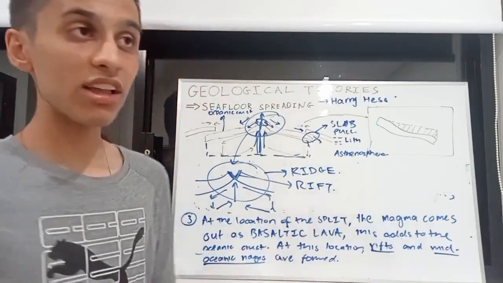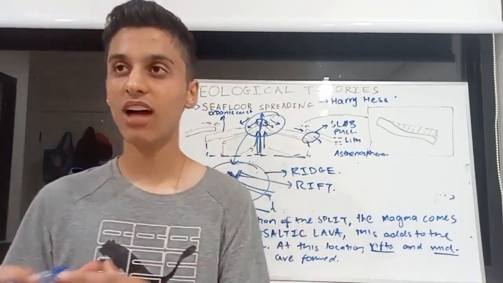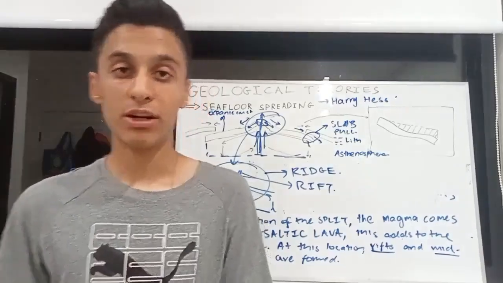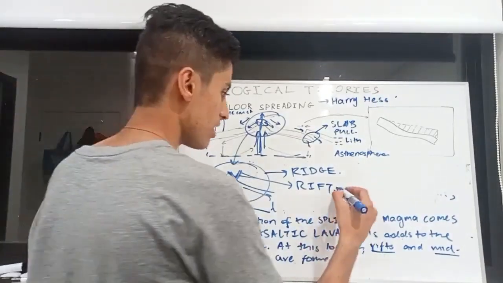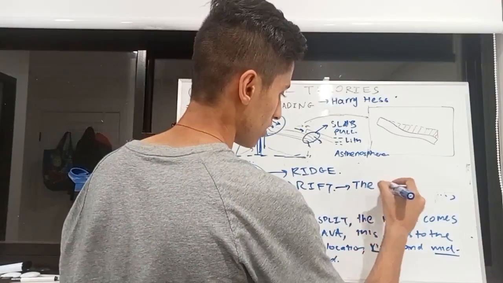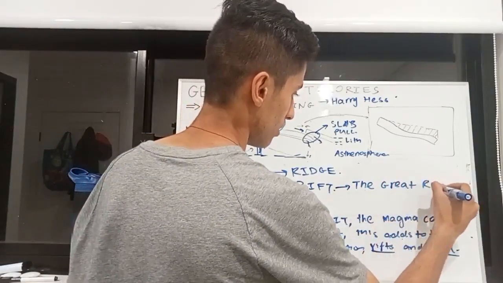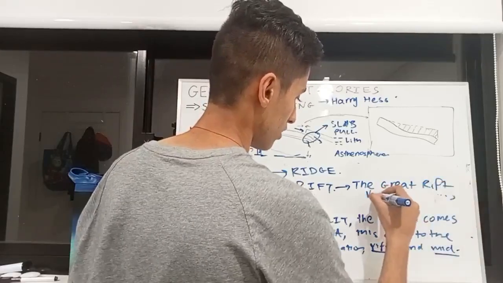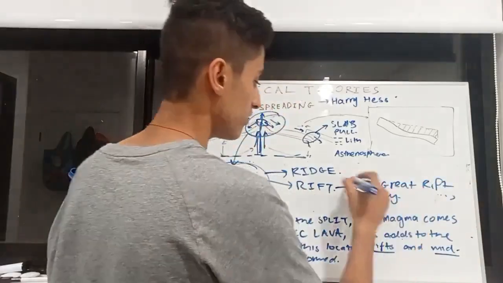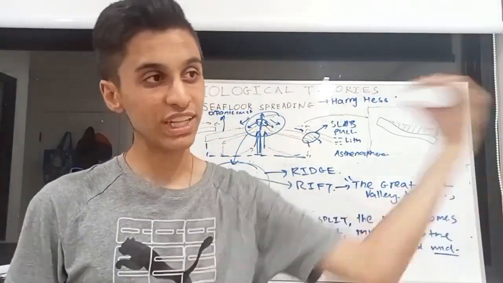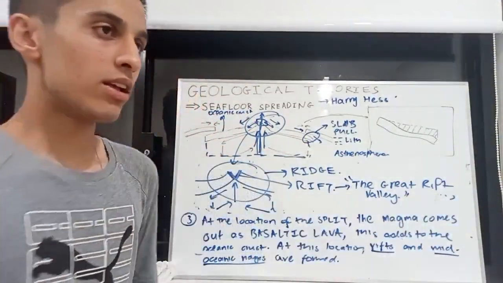Once they mapped out the entire connections of these V shapes, they called it the Great Rift Valley. So if you were to search up the Great Rift Valley, you would find the entire network of all these rifts. Alright?